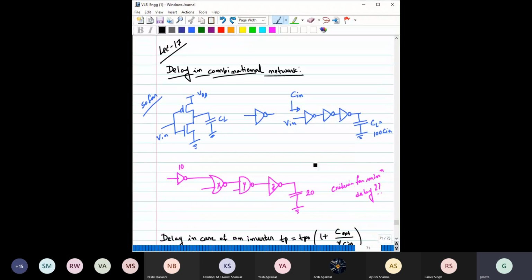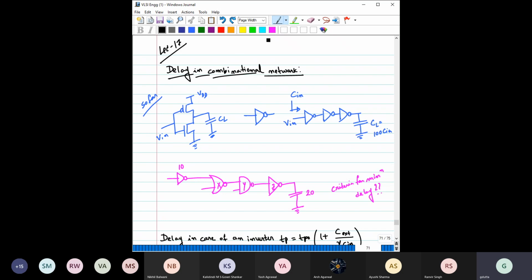So far, our discussion was limited to only one gate, the CMOS inverter. We have discussed it many times. This is the load capacitance.